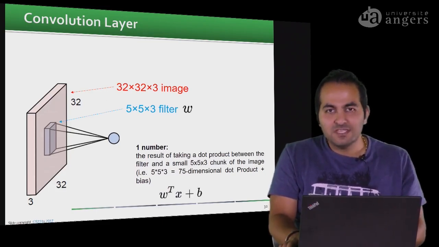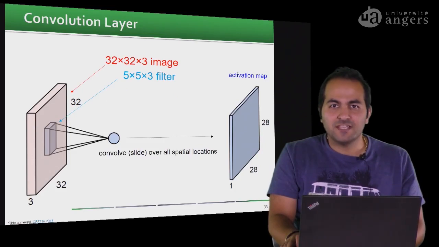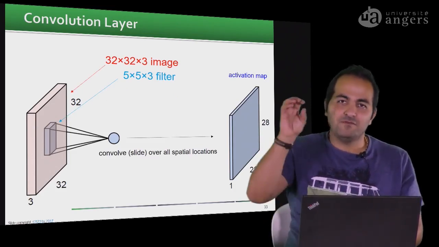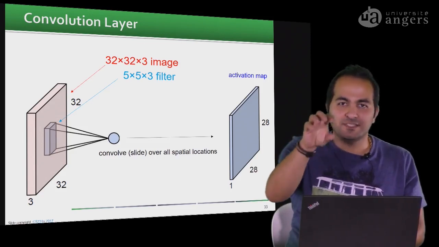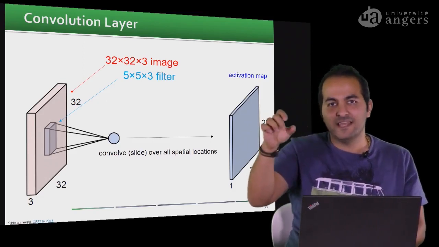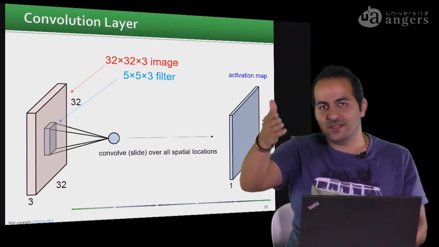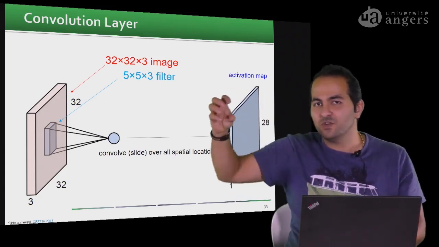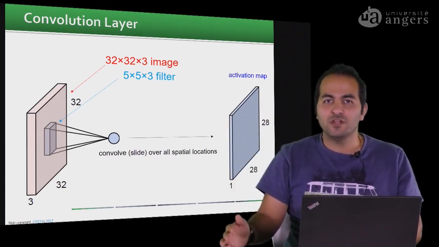When we do this, we can generate one activation map. When we apply the filter once at a specific location on the image, we generate one value, then we shift it by one pixel, and get the second value, third value, fourth value, and so on till the end of our image.